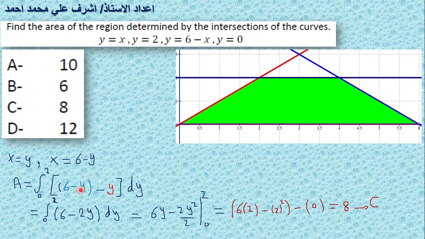Blue 6 minus y minus red y, dy. So we'll add like terms, negative y plus negative y is negative 2y, and we can use the calculator to get 8. So the right answer is C.